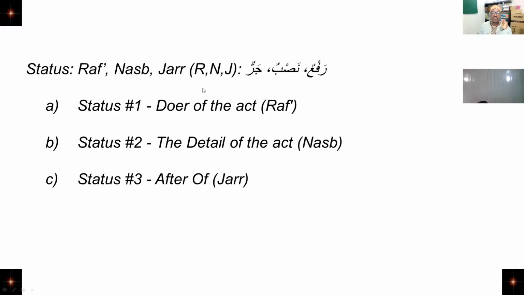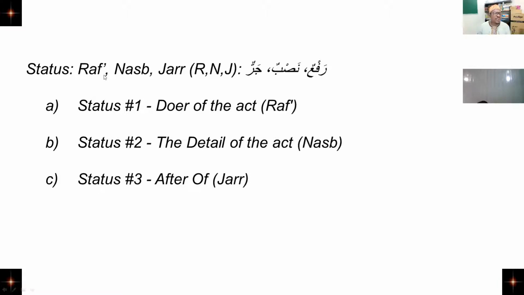So status has 3 forms: Rafa, Nasb, Jar. I'm sure you all know these because you are all Arabic teachers, yes. But here we say the students should just put them in English phrases. This is one of the things I told you earlier, 2 days ago and yesterday, that we will be using these technical words, right?